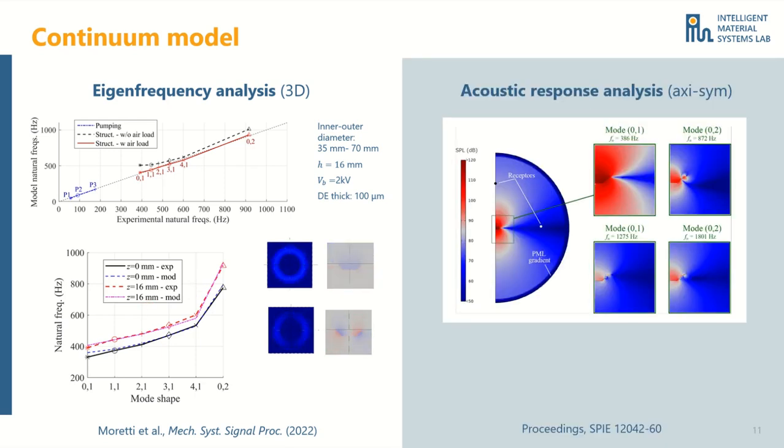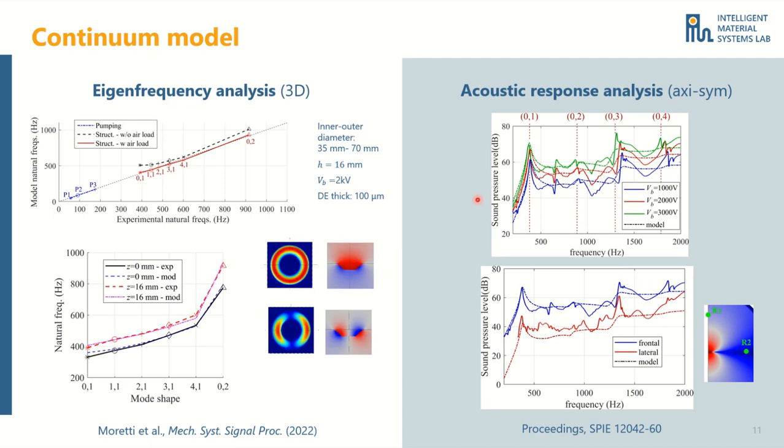More interestingly, the FEM model can predict the sound pressure level generated by the DE and what its distribution looks like at different frequencies. We compared the sound pressure level predicted by an axial symmetrical implementation of the FEM model with experimental measurements, and we found that there is a good agreement.